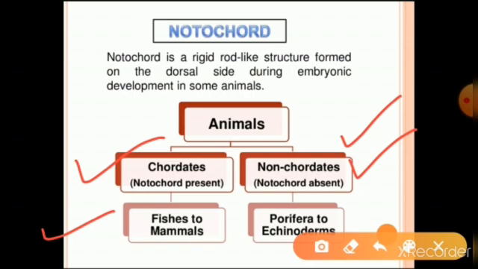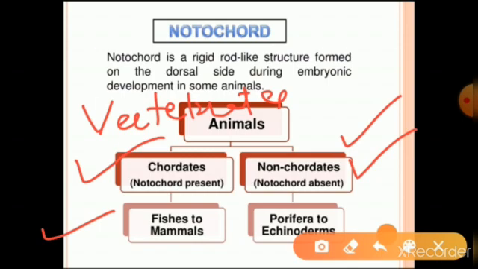Now students, chordates are also known by the name vertebrates, because this notochord is replaced by the vertebral column in some higher chordates. That is why we also call chordates vertebrates, because in them the vertebral column, the backbone, is present.